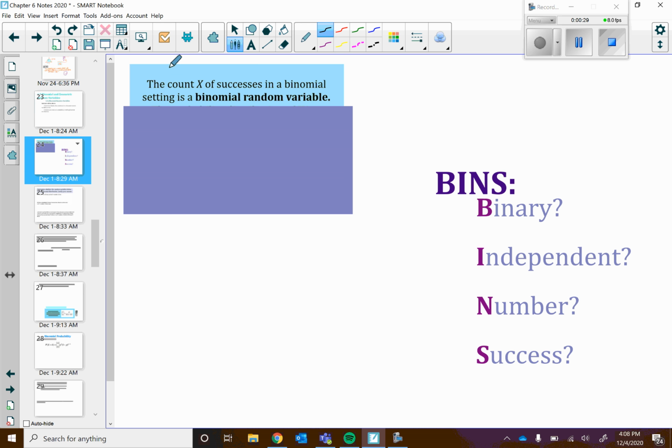So on your notes sheet, you've got this first sentence. The count X of successes in a binomial setting is known as a binomial random variable. Well, that doesn't mean a whole lot. Let's look a little bit more.